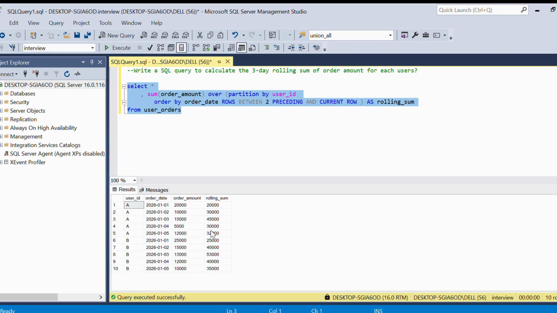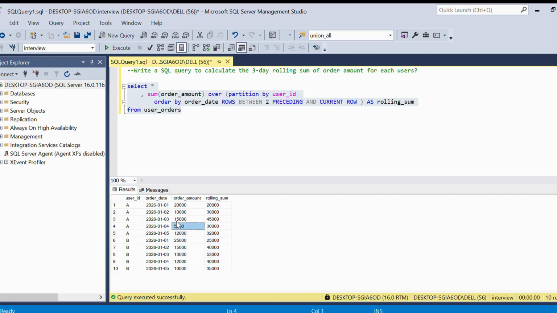Now we finally have the rolling sum. For example, for user A, the first row rolling sum is 20k. For the second row it is 30k, because 10 plus 20 gives 30k. For the third row it is 45k, because the current row is 15 plus the last two rows, so 20 plus 10 plus 15 is 45.